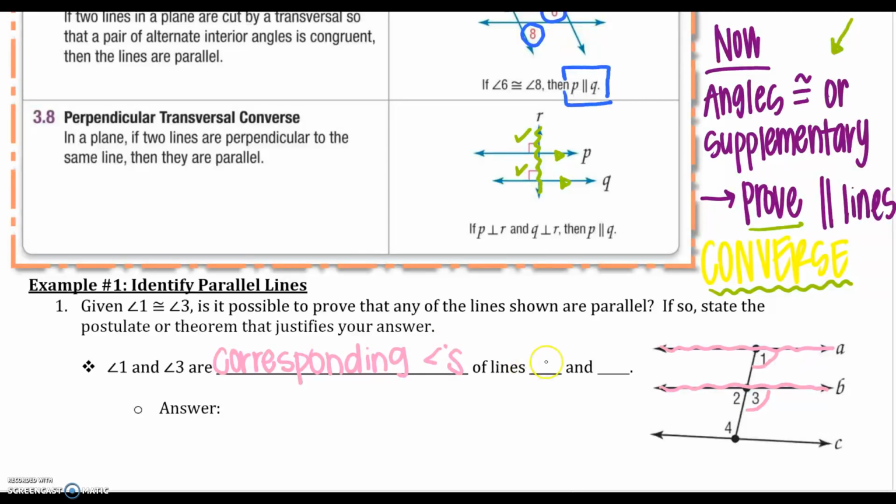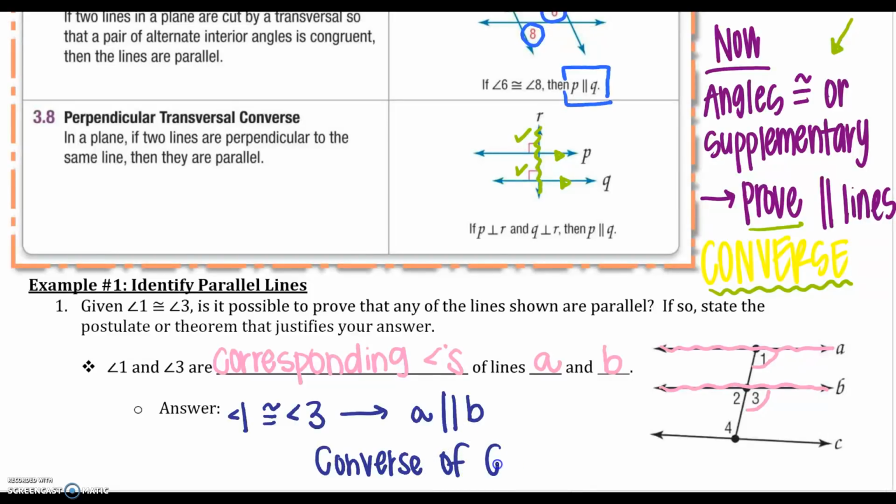So since I know that angle 1 is congruent to angle 3, I'm looking at my converse, so I can tell that A is parallel to B by the converse of corresponding angles.